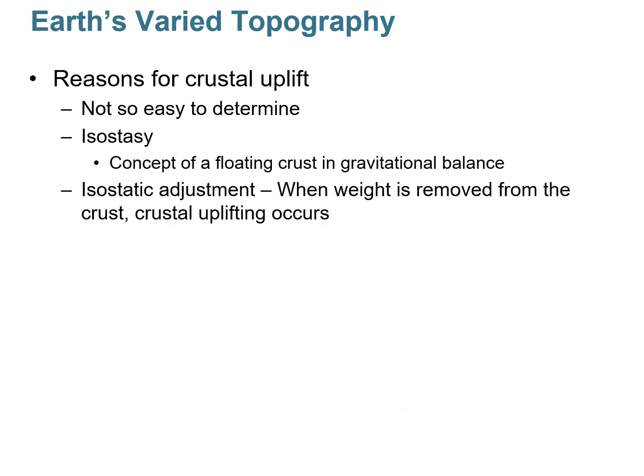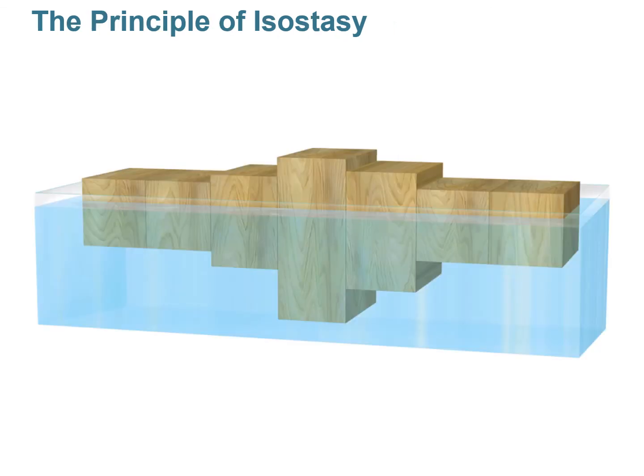And so the way to understand isostasy is just to imagine floating crust that's in gravitational balance. Then when you have subsidence or uplifting, that's an isostatic adjustment. The book uses an example of floating blocks. I prefer this: you ever see those container ships that carry those 40-foot containers that go into ports?